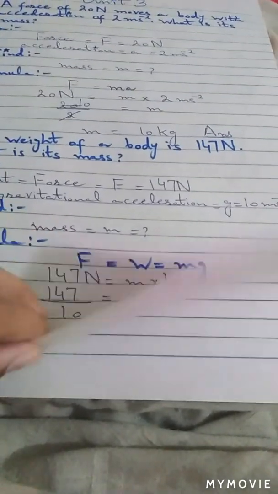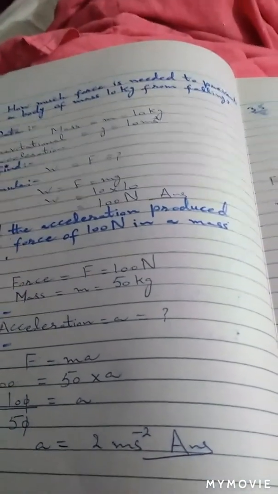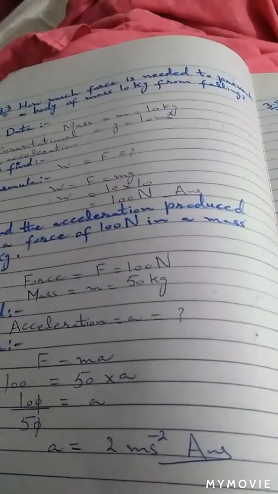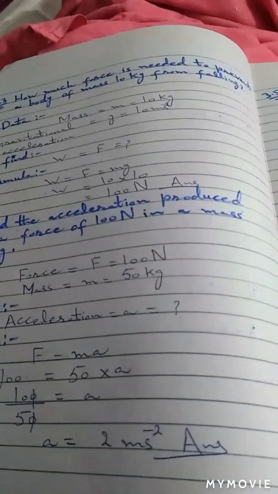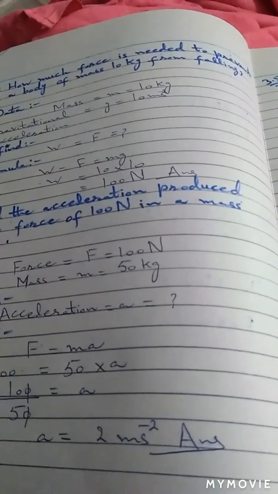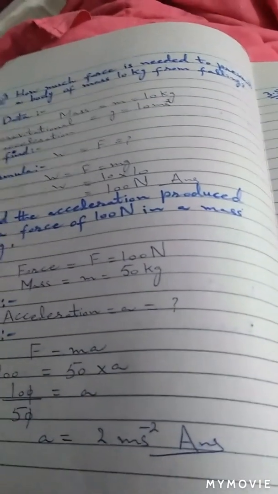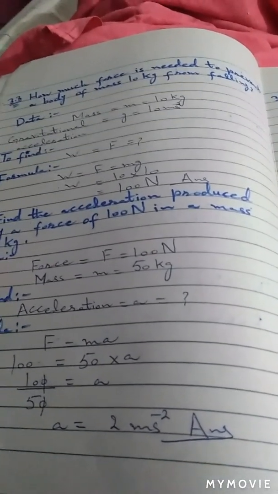So our third numerical is: how much force is needed to prevent a body of mass 10 kg from falling? So data here is mass is equal to 10 kg and gravitational acceleration, that we already know its value is 10 meter per second square.